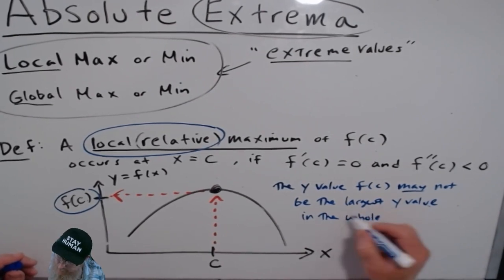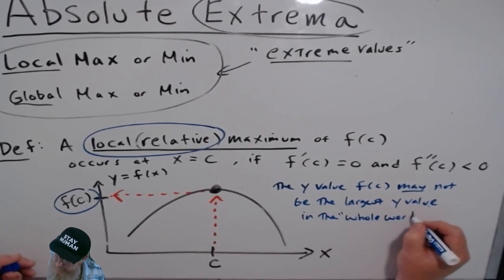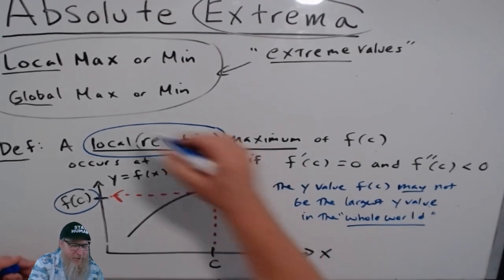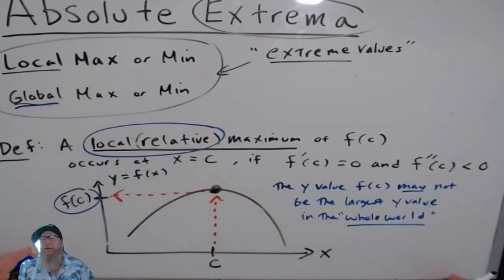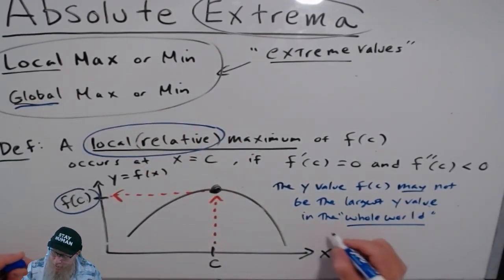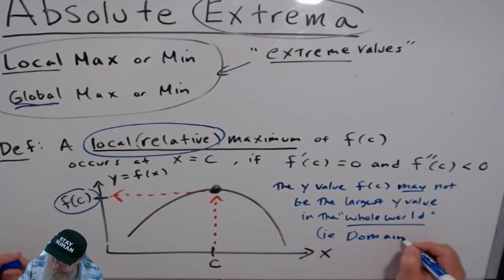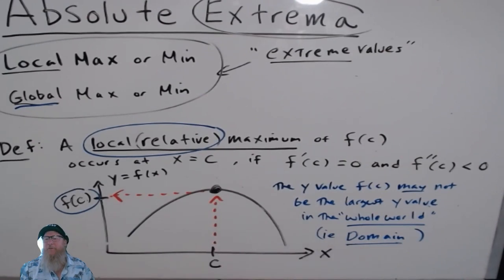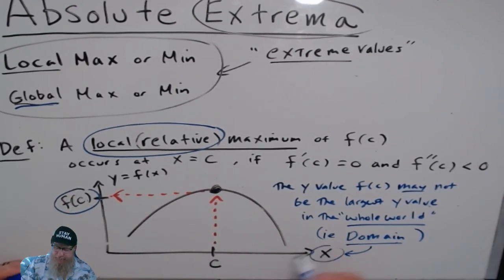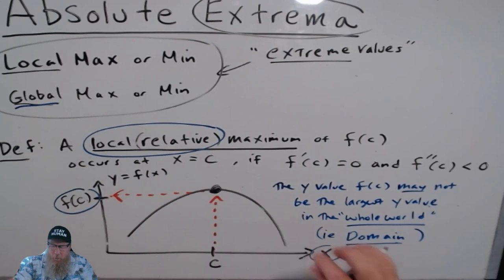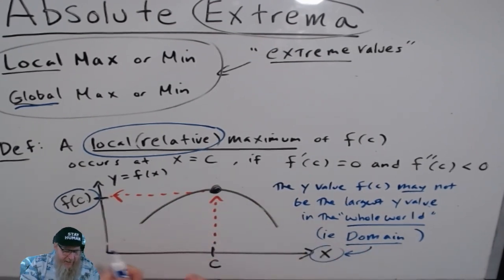And I'm going to use the whole world in quotes. That's why we use the word global in the whole world. And really the whole world is, in other words, the domain. The domain of a function is what we consider the whole world, right? The domain of f, which is the x values here. So we don't know. We only know locally.